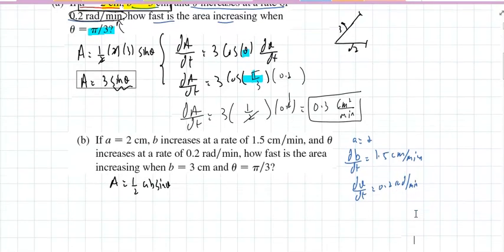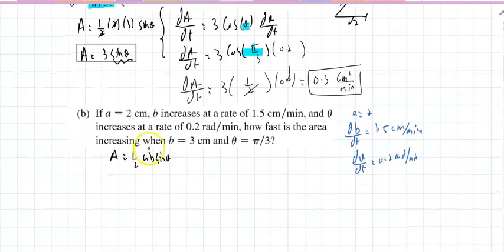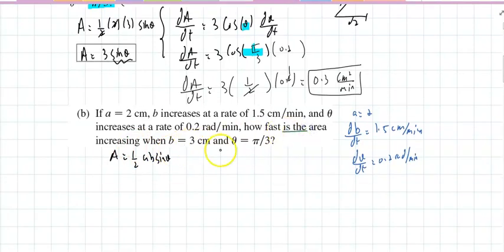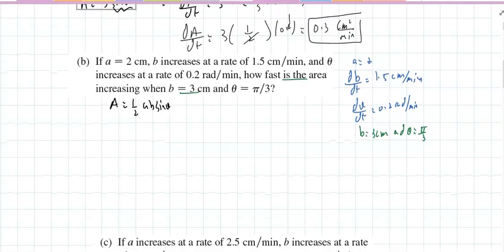Now you'll notice what they give us when they say, how fast is the area changing when, now they have to tell me what B is, because for different lengths of B, the area will change differently, and theta as well. So whatever's changing, they have to give me at what time or at what length.